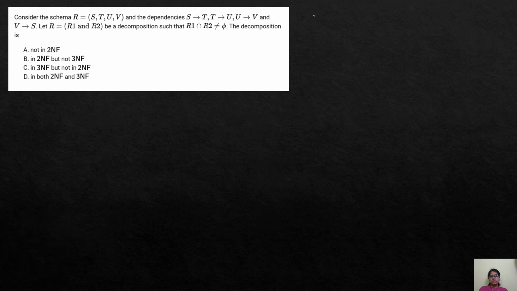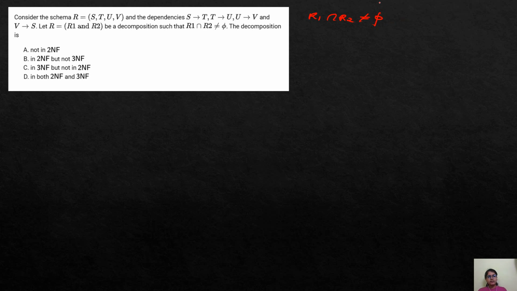Okay, so in the question we are given R1 intersection R2 is equal to phi. So this makes the decomposition lossless join, as all attributes are key. As we have seen all attributes are key, so that's why this decomposition is lossless join.